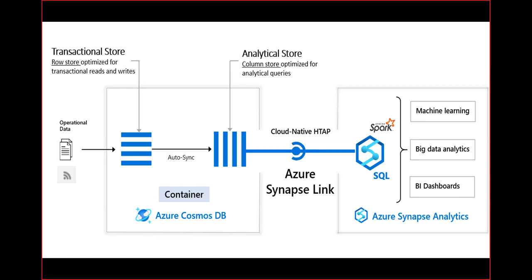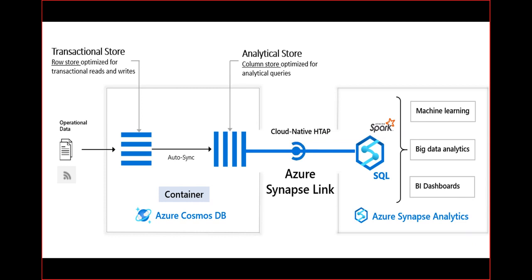Now, the difference between a transactional store and an analytical store is that at the row level, you have filters, predicates, transactional level per row, but in the analytical store, it's column-wise. So some of you may have had experience of this already when you've been working with big data in frameworks like Apache Spark, Azure Databricks, Azure HDInsight. So this is effectively what happens within Cosmos DB in this case.